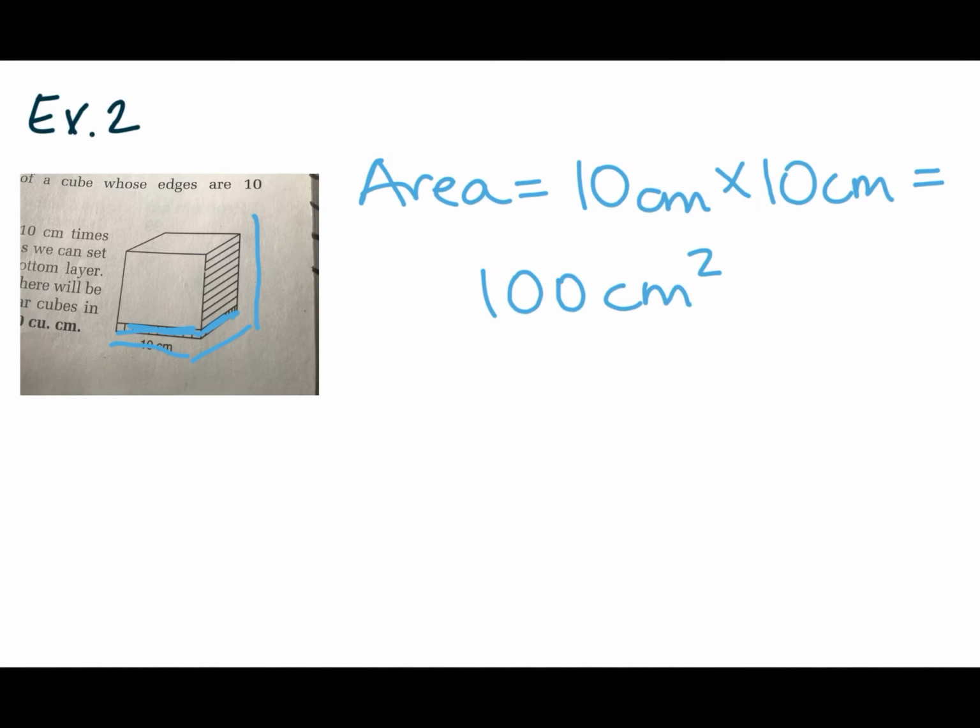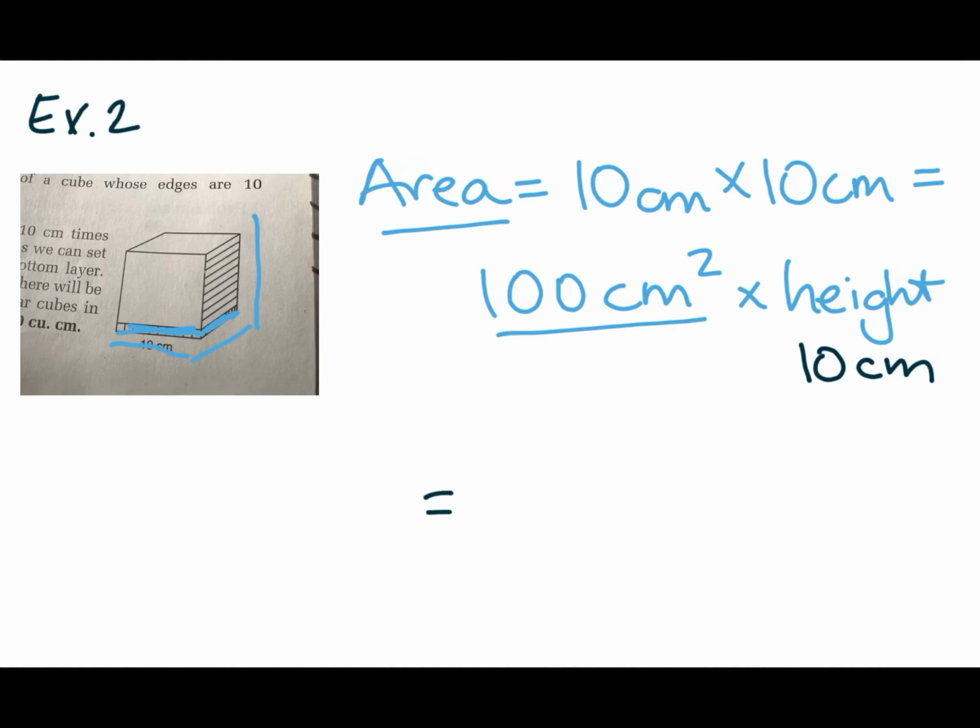And now we're going to multiply the area times the height of everything, and that would be 10 centimeters. It's 10 by 10 by 10, so that gives us 1,000 centimeters cubed.